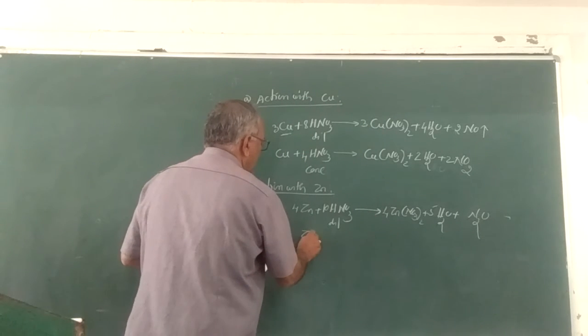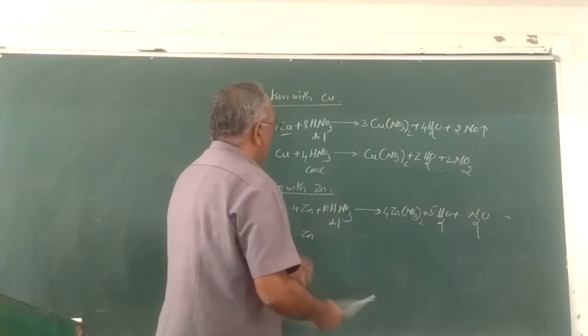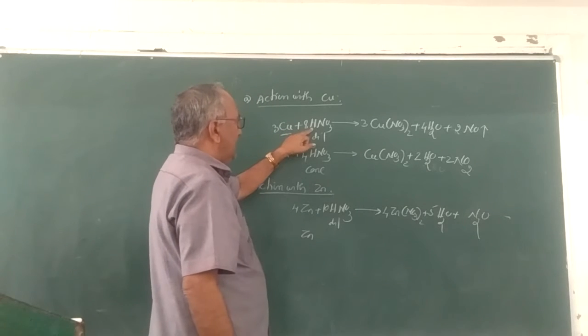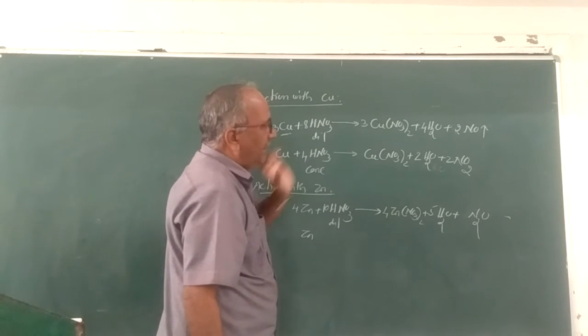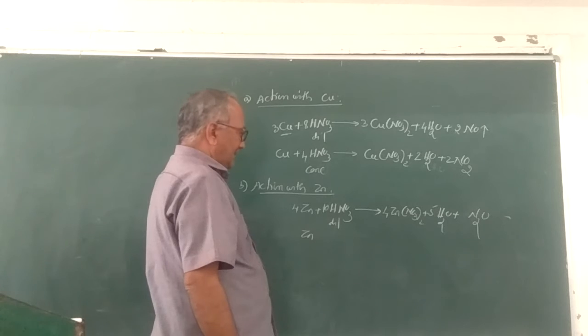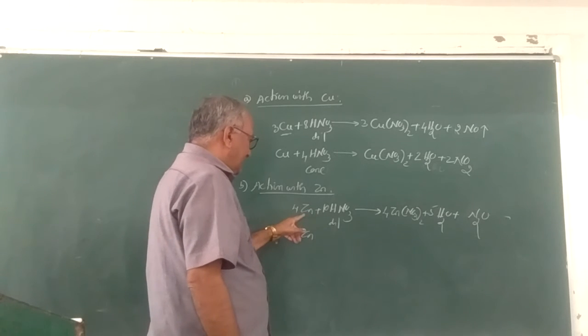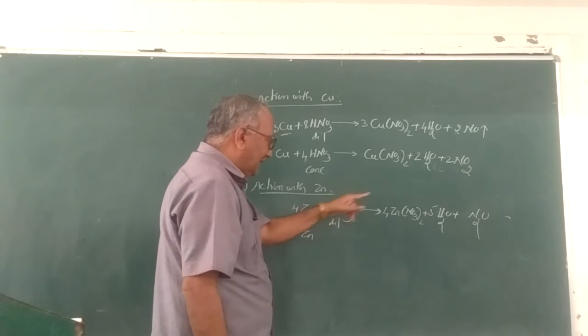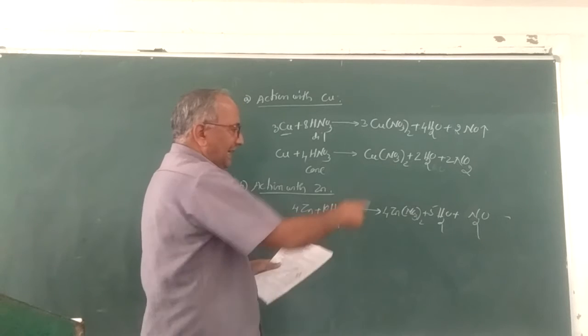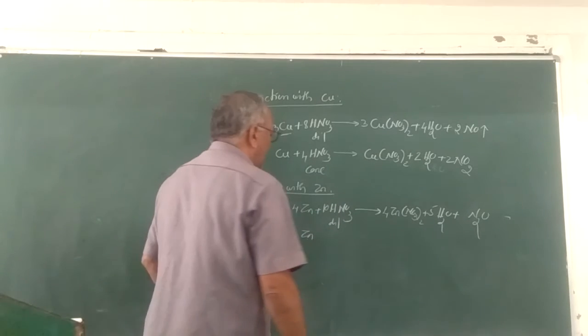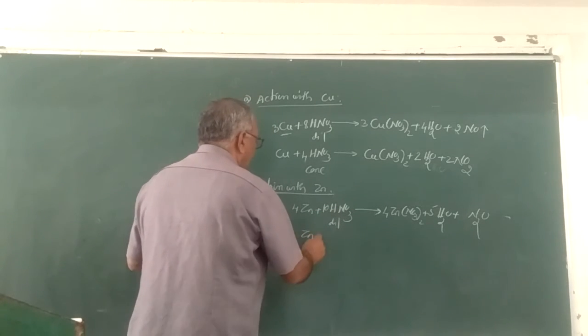So you see the comparison: copper when treated with dilute nitric acid liberates nitric oxide gas, whereas zinc with dilute nitric acid liberates nitrous oxide. I already said nitrous oxide is said to be a laughing gas.